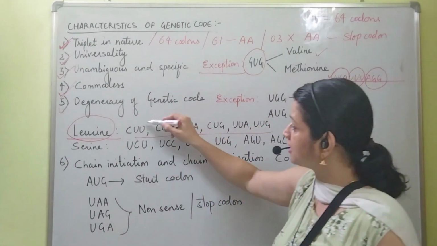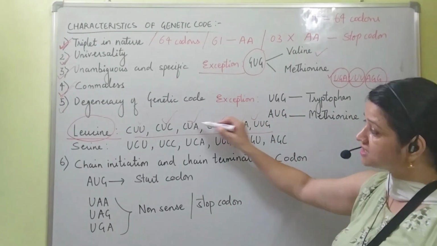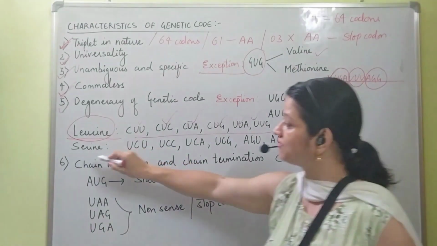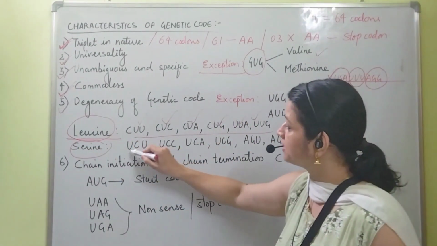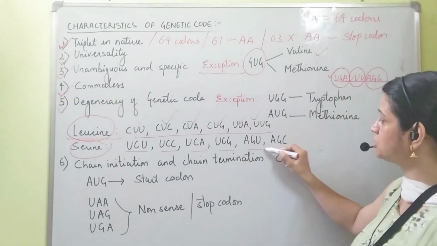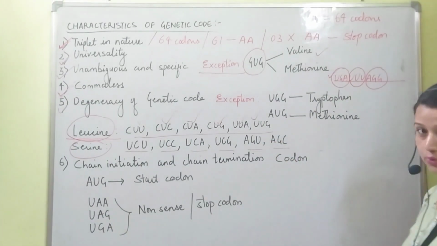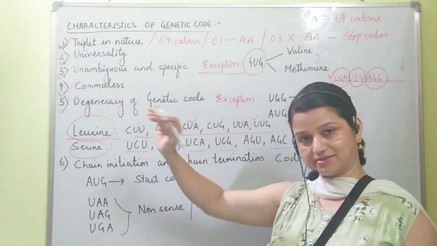Here we can see how many codons? 1, 2, 3, 4, 5 and 6. 6 codons can code for leucine. Similarly, here also we can see the amino acid serine. It can be coded by UCU, UCC, UCA, UCG, AGU and AGC. How many codons? There are also 6 codons. So these 6 codons can code for one amino acid.